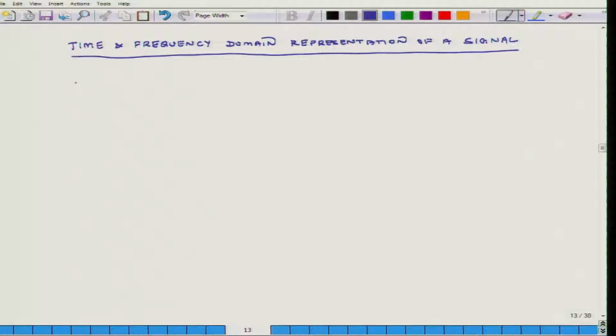and we will start with some very simple signal. Let us say that there is a signal y which is a function of time, and that is equal to a cosine omega t minus phi. Okay. So, let us plot this signal.